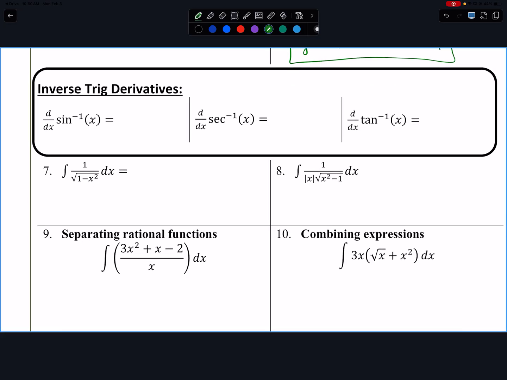The derivative of arc sine, this is inverse sine, is 1 over the square root of 1 minus x squared. The derivative of secant inverse is 1 over the absolute value of x, square root of x squared minus 1.